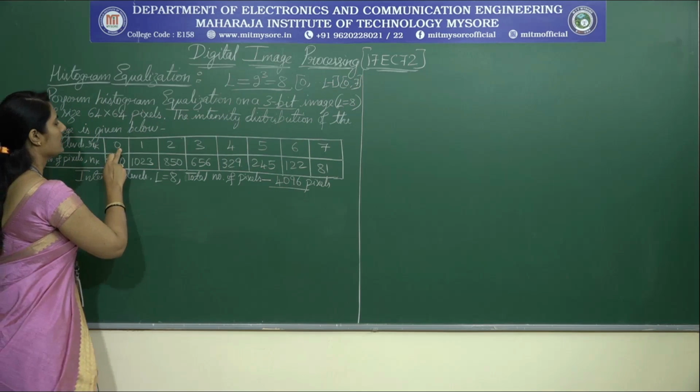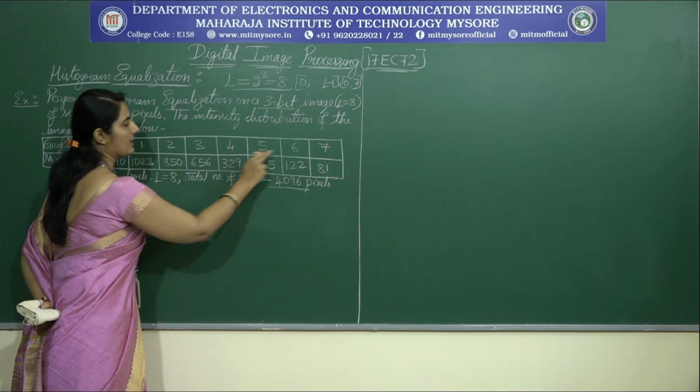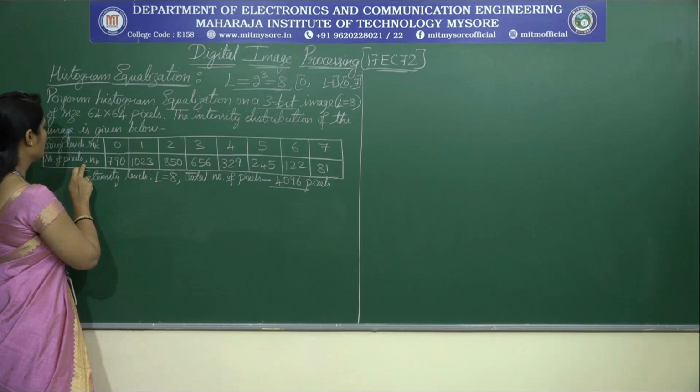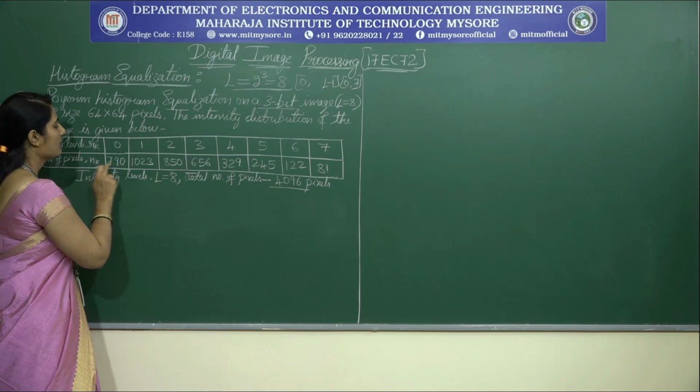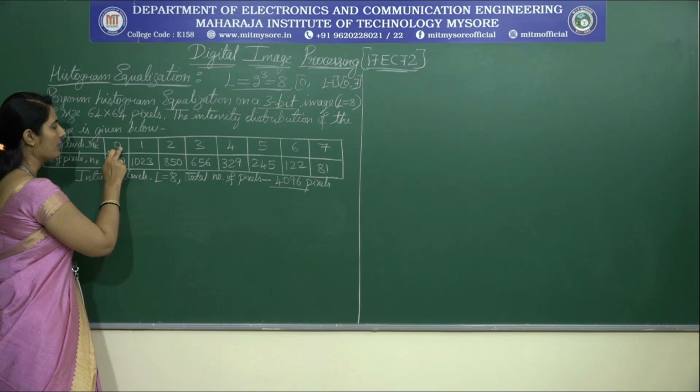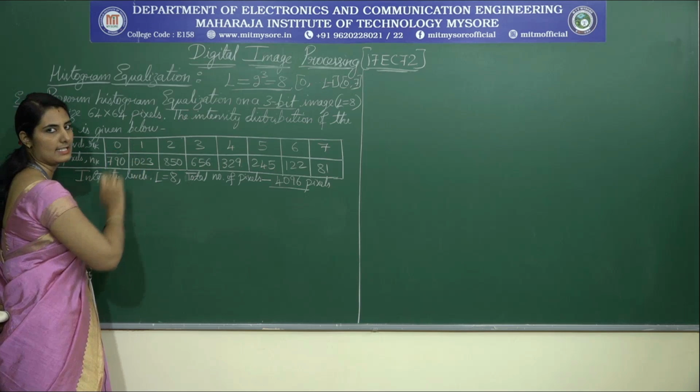So here you have 8 discrete intensity levels, and in the lower row they have given the number of pixels having that particular intensity level.